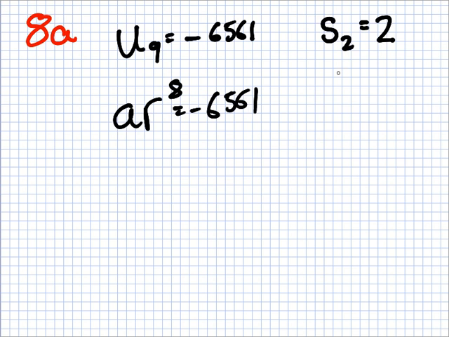Now, what about S2? I know you know this formula for S2. So what's the formula for S2 then? A into 1 minus r raised to n divided by 1 minus r. And what's the n here? It's 2, S2.